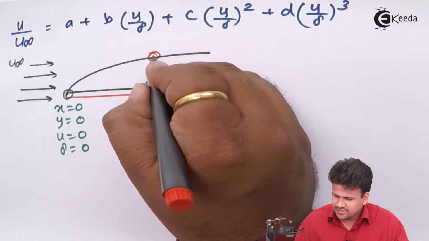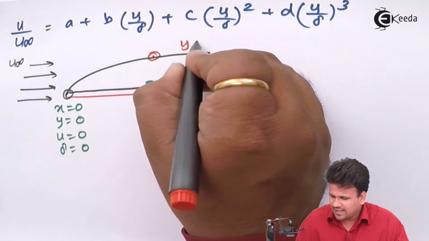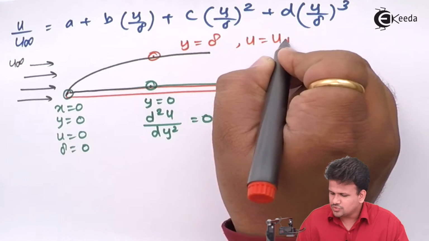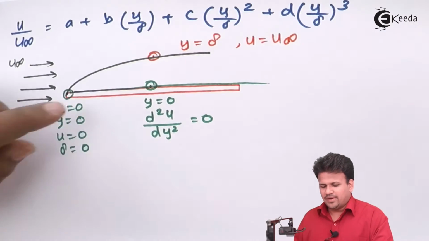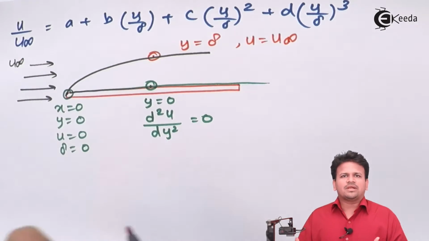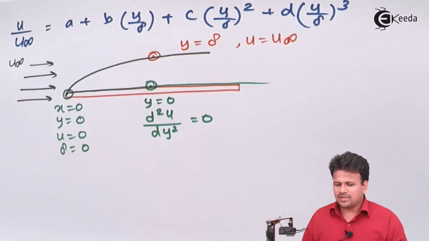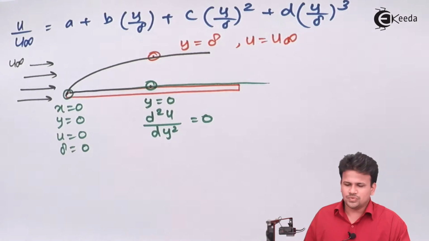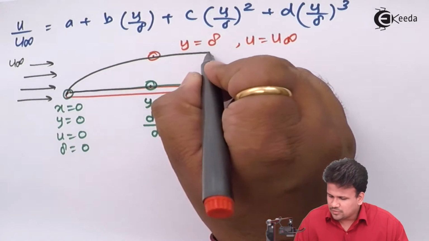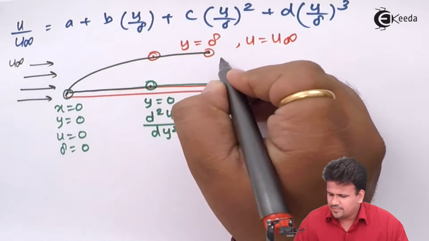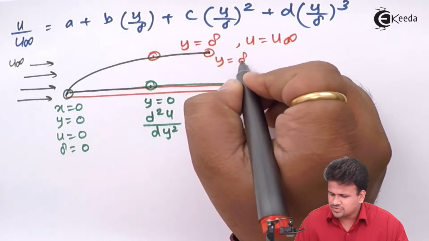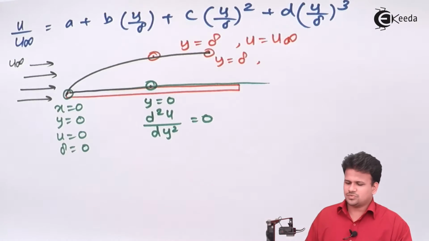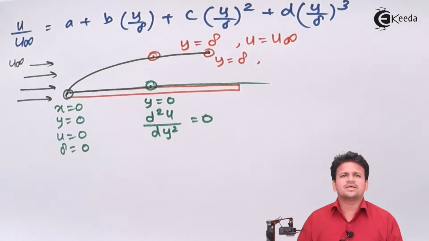So at this point value of y will be equals to delta, u will be equals to u infinity. We know that at y is equals to delta the boundary layer will end. Once the boundary layer ends, the value of velocity will be equals to u infinity. Now over here let us take another point. Here also y is equals to delta, but there is no velocity gradient.